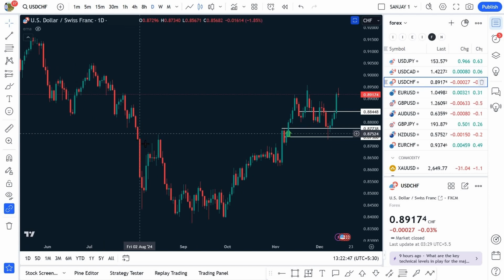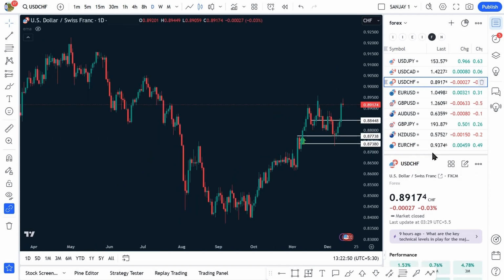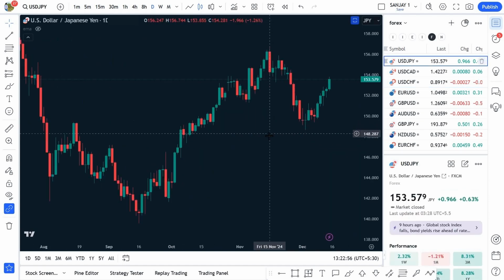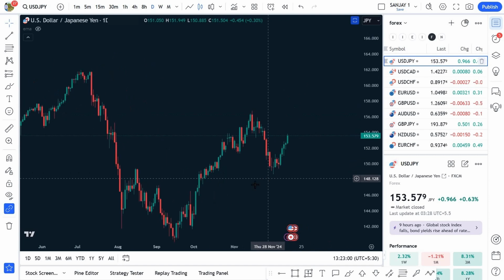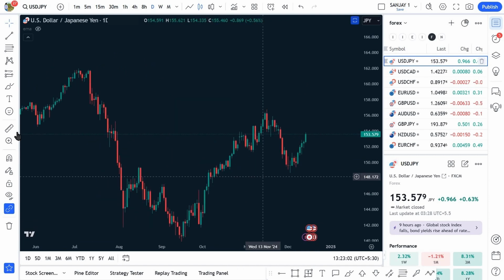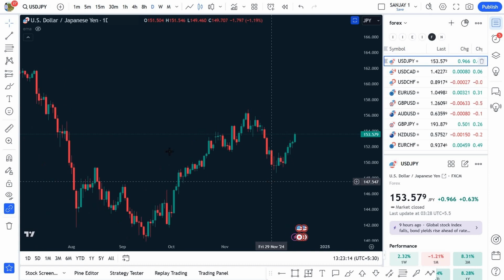So first of all, you need to create a watch list that contains your desired currency pair list. Then one by one, manually, you have to select and write down the actions of these currency pairs. So as of now, in the USD JPY 1 day chart, I will be looking at its direction.